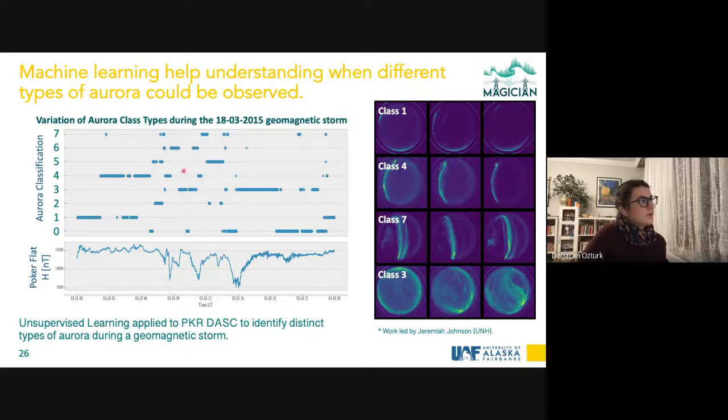So these help us understand what type of features or classes of aurora we are most likely to see given the magnetic field perturbation. And some of the most depressed magnetic field configurations yielded class 3 aurora, which looks more like a discrete type of aurora.